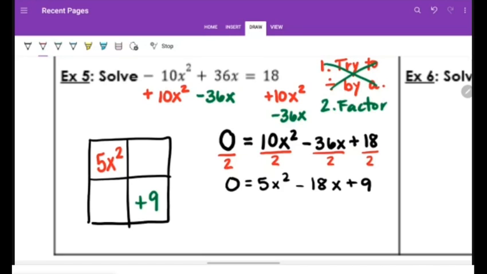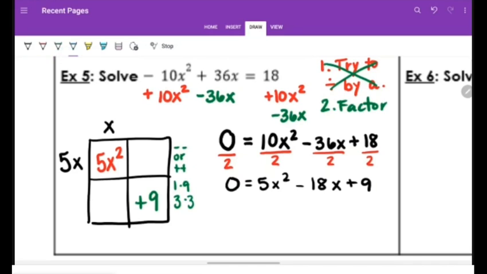For the 5x squared in the top left, the only options we have are 5x times x. So we can go ahead and fill those parts of our factor in. Then to get a positive 9 in the bottom right, we either need 1 times 9 or 3 times 3. And we have to have either 2 positives or 2 negatives, one or the other.